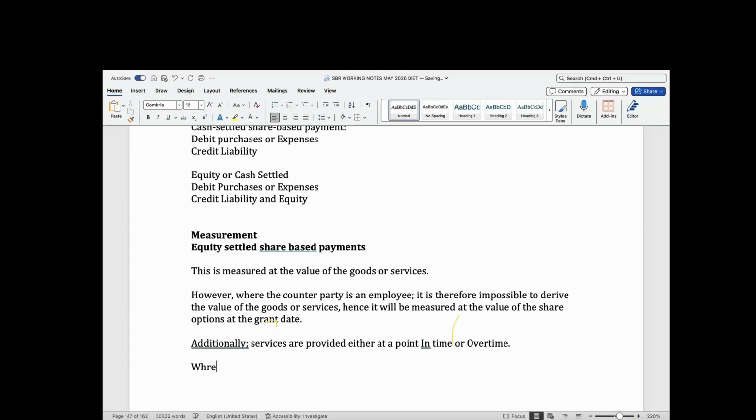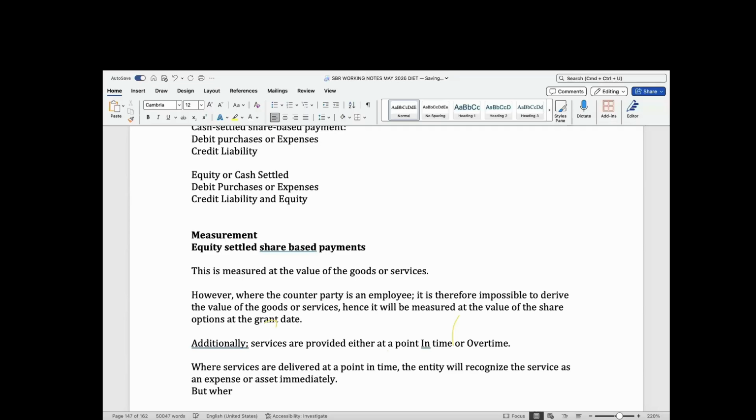Where services are delivered at a point in time, the entity will recognize the service as an expense or asset immediately, and it ends there.